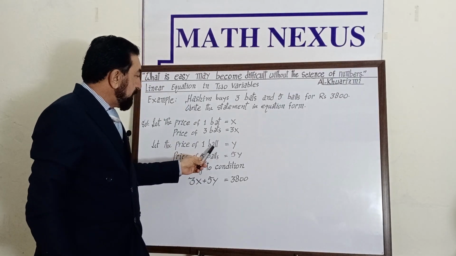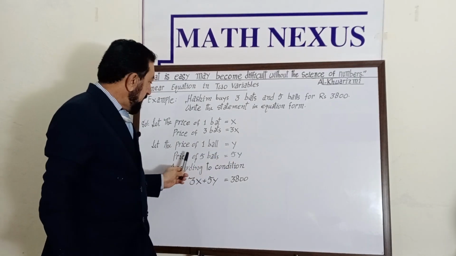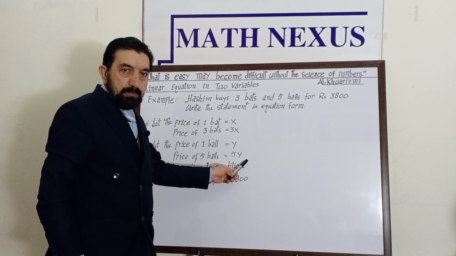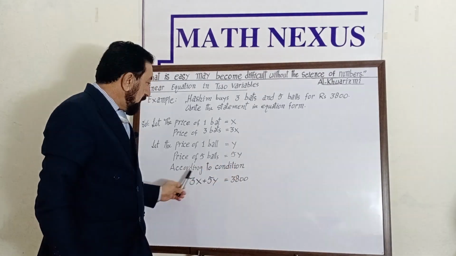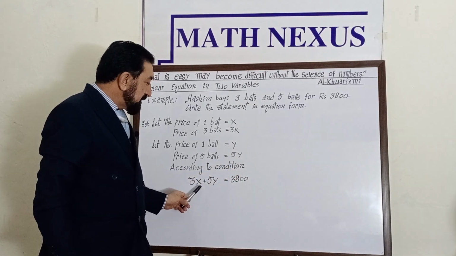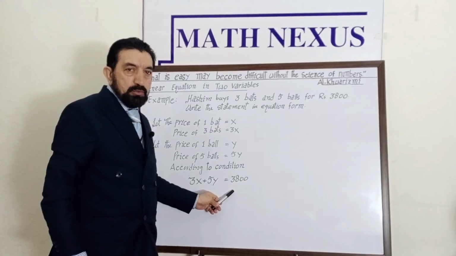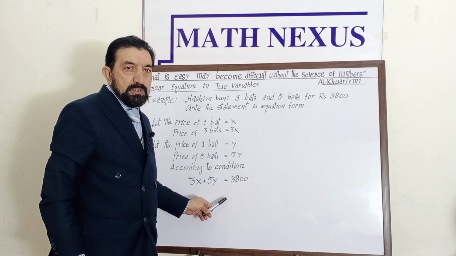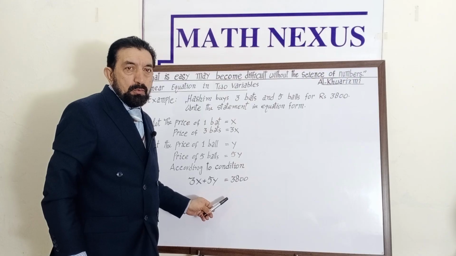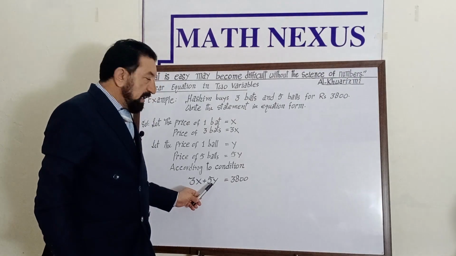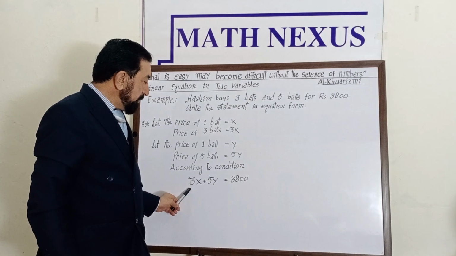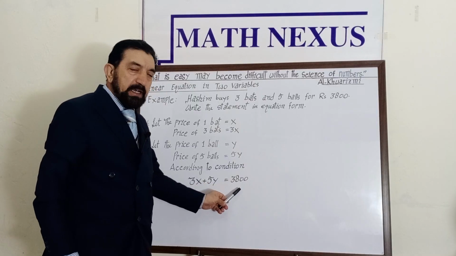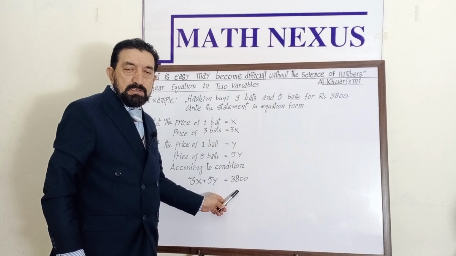Let the price of 1 ball be y, and the price of 5 balls is 5y. According to the condition, 3x plus 5y equals 3800. This is a linear equation in two variables, x and y. 3 is a coefficient, 5 is a coefficient, and this amount is the constant.